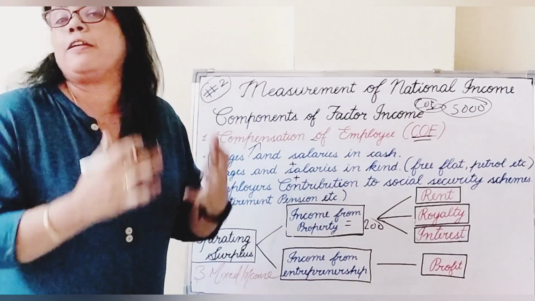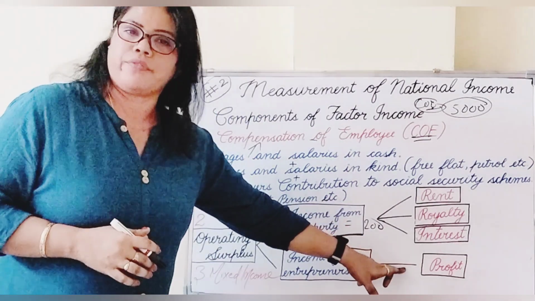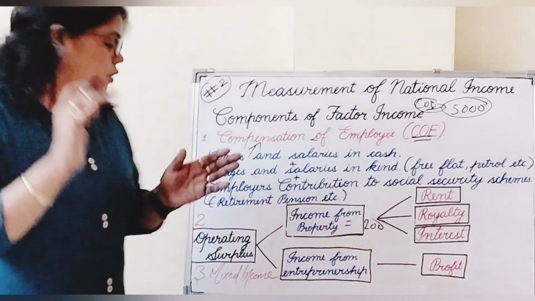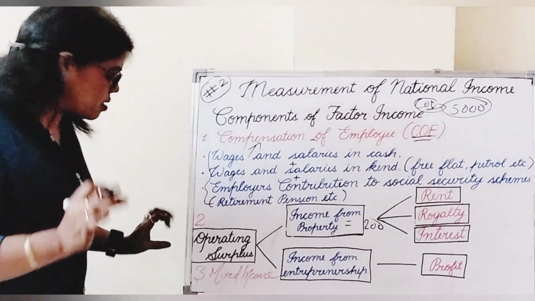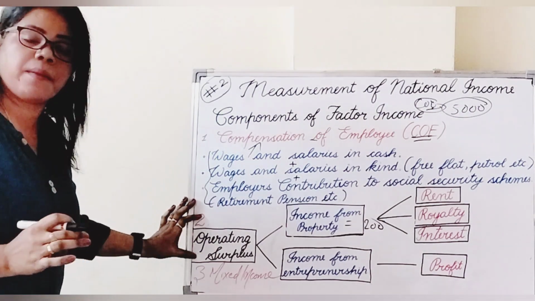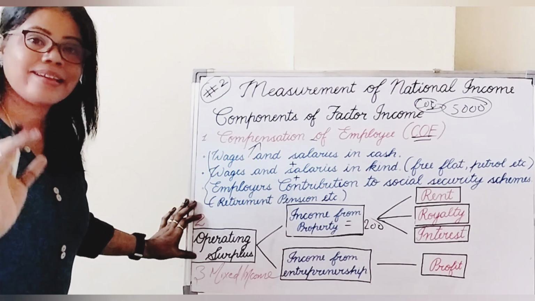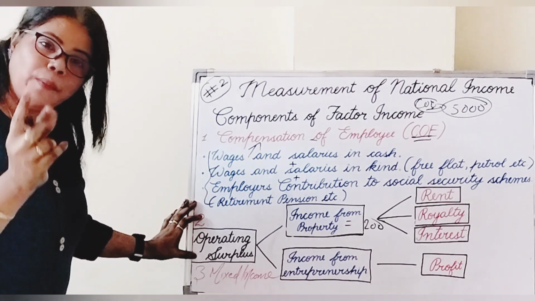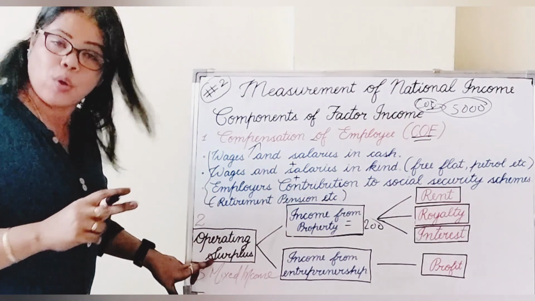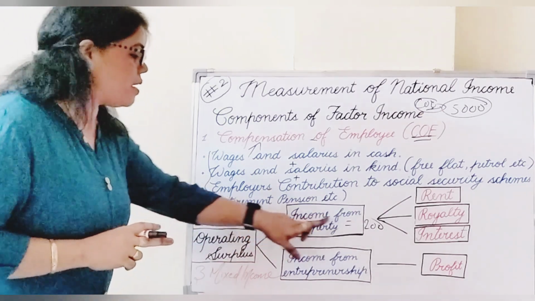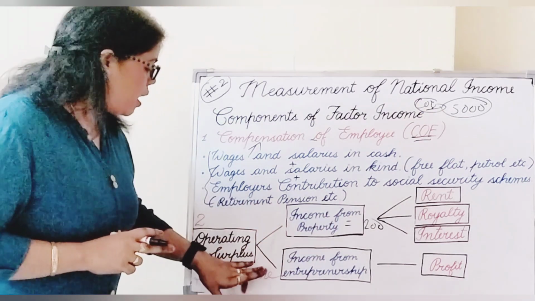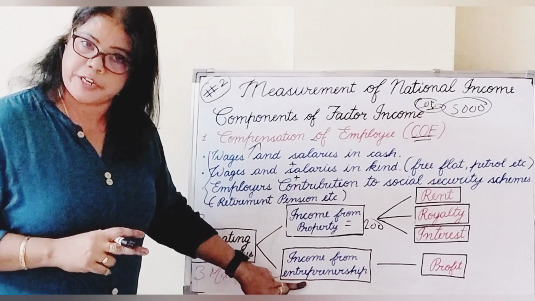They will get the reward in the form of profit. Understand? So listen here, very simple and easy. The second component of income method is operating surplus. There are two elements coming under operating surplus: income from property and income from entrepreneurship.